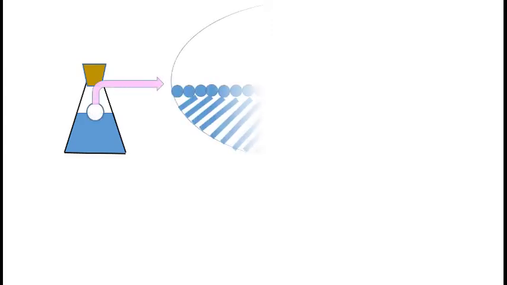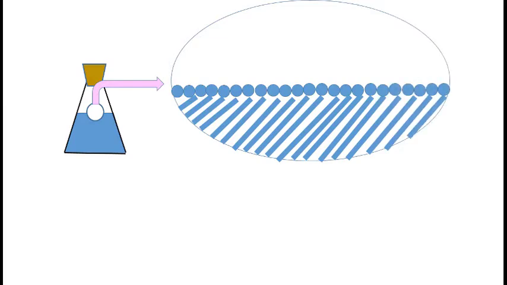If we think about what the molecules are doing in the evaporation process, we realize that evaporation is a surface phenomenon. Consider our flask of water, but let's zoom in on the surface. In the picture, the parallel lines represent all the molecules that are below the surface.